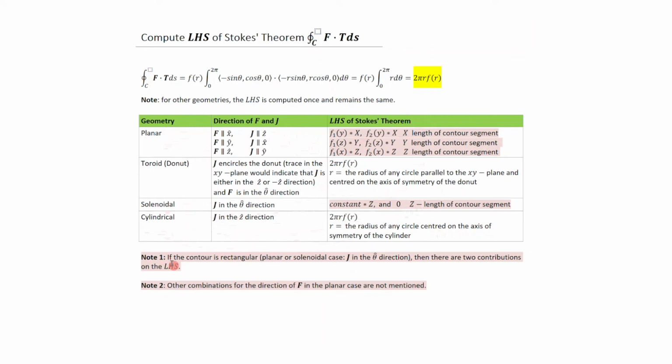So just a note here, if the contour is rectangular, which is the case if we're dealing with a planar or solenoidal case with J in the theta hat direction, then there are 2 contributions on the left-hand side.